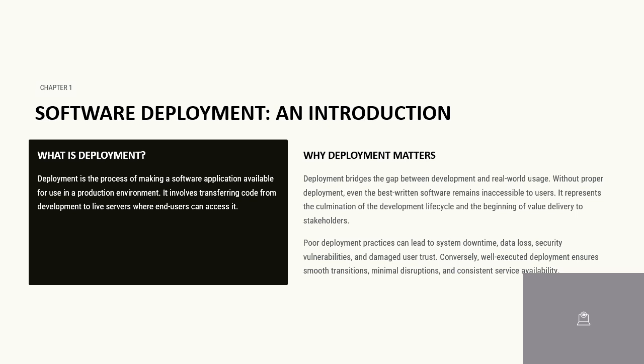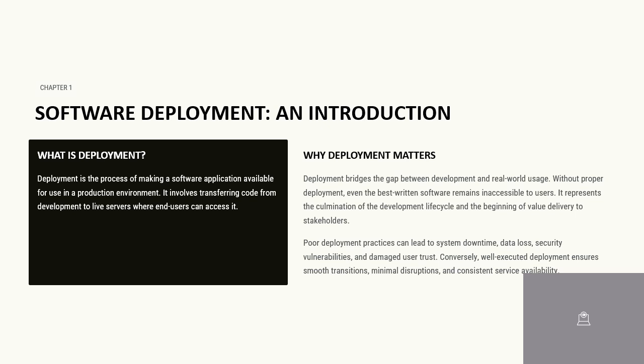Can the user access it? No, right? Deployment is the process of making software available in the real world. It must be on the servers or on the cloud, or at least in a production environment. It acts as the bridge between development and usage.